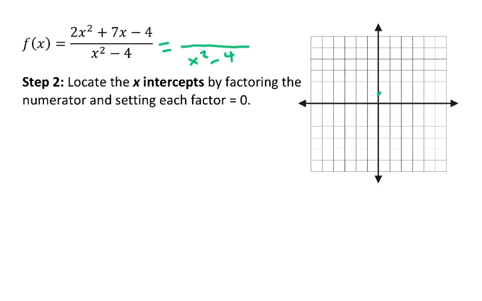To factor the numerator, I'm going to need to use trial and error factoring, like we've done before with factoring trinomials. I need 2 numbers that multiply to give me a 2 in order to reach that 2x squared term in the first term there. 2x times x would probably be just about the only way that can be done.